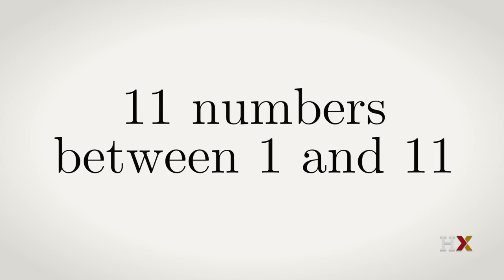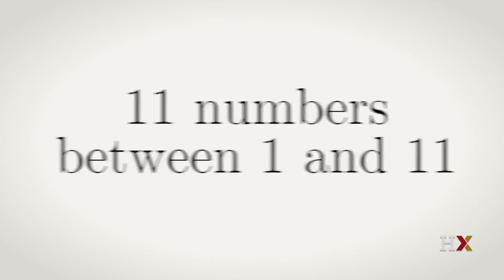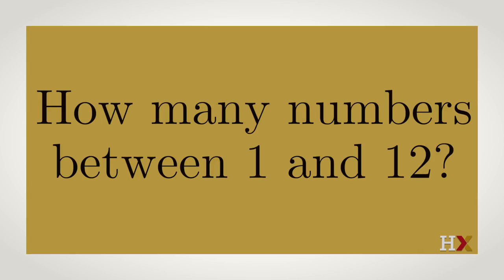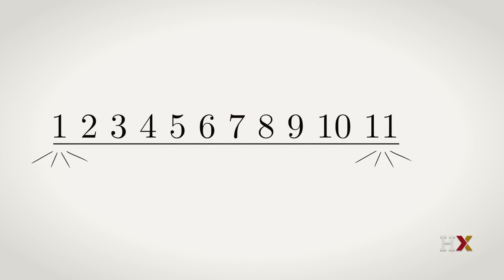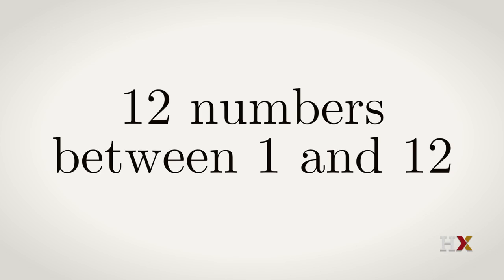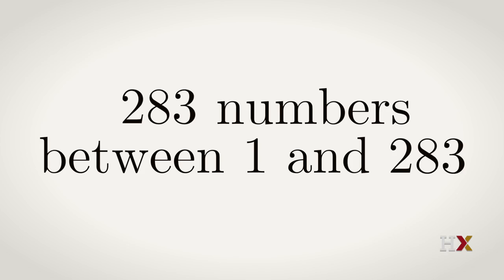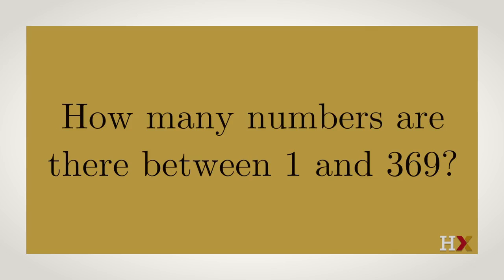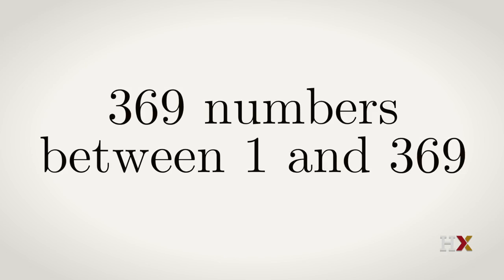So there are 11 numbers between 1 and 11. How about between 1 and 12? Well, they're the 11 numbers we've calculated out to 1 and 11, and 12. So that gives us a total of 12 numbers. And if we continue this way, adding one number at a time, we find that there are 283 numbers between 1 and 283. And if I said how many are there between 1 and 369, there'd be 369 numbers.